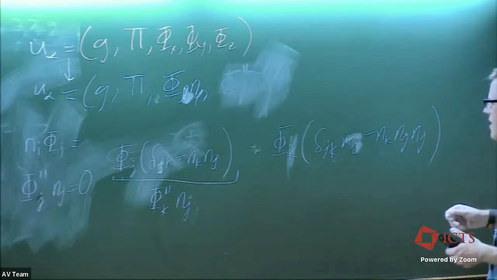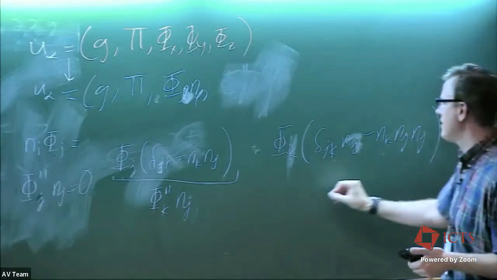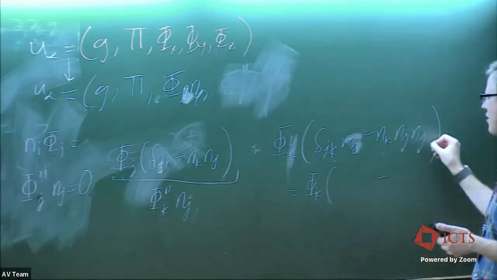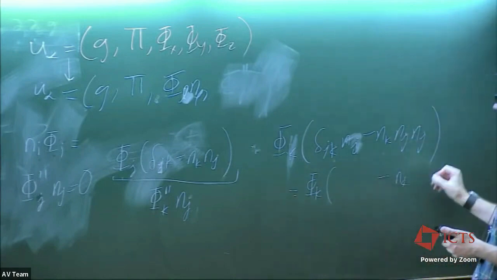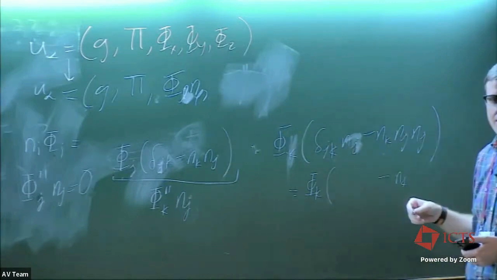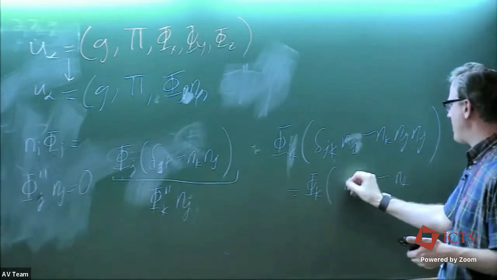Okay. So now let's check if this is true. nj nj, it's a unit vector, so that's just 1. So this is equal to phi k times, this term is just going to be nk, because nj nj is 1. But then if you contract nj with this Kronecker delta, what is that going to be? Yeah, that's also going to be nk.